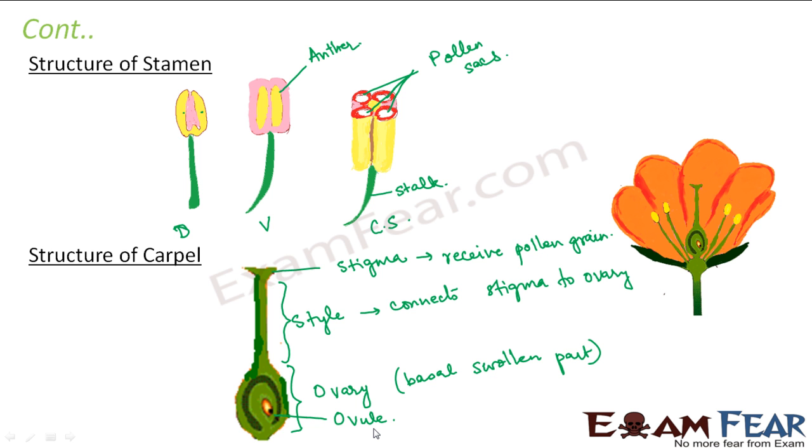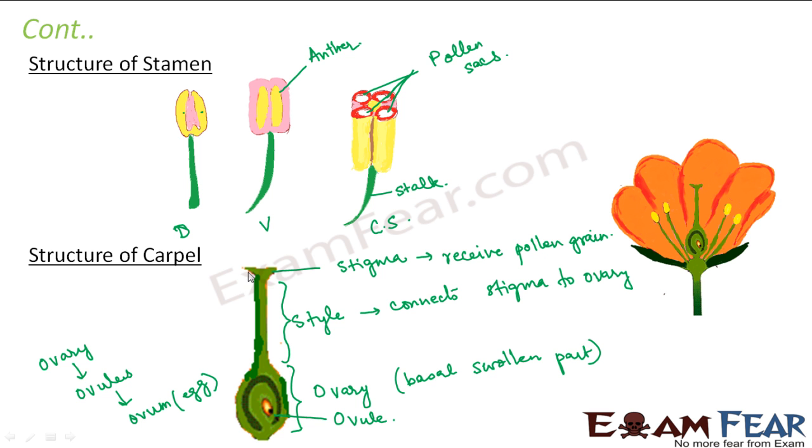Inside ovary, many ovules can be present, and inside each ovule, one female gamete is present, which is known as ovum or egg.